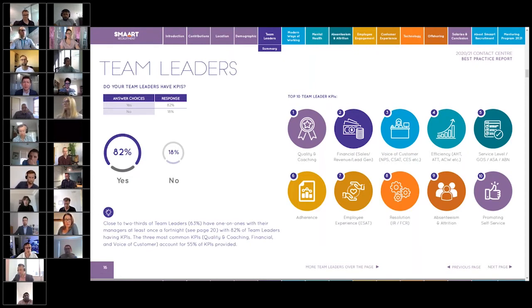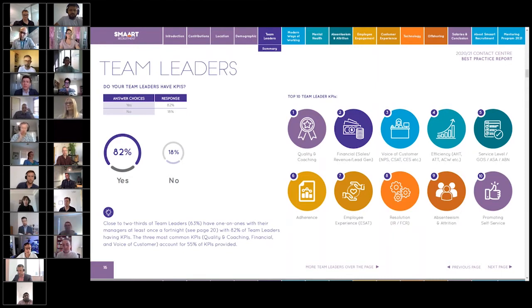But looking at the KPIs that people do have, I'm surprised that quality and coaching is actually higher than other KPIs around the voice of the customer, like Net Promoter Score, customer satisfaction, and customer effort score. My surprise is because those measurements are the external measurements of success, whereas quality is more of an internal measurement of success.